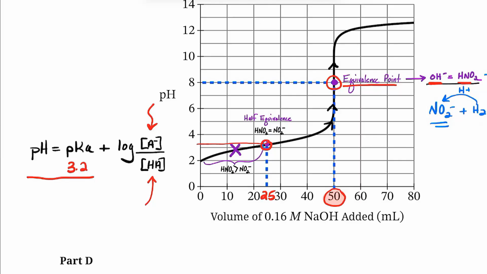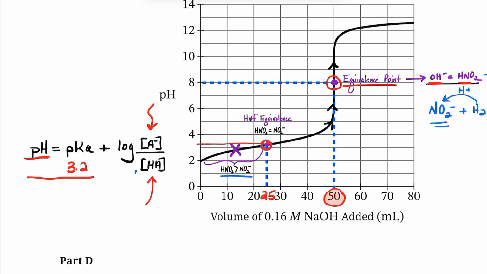But I'm trying to answer the question here: what would the pH be if I have a greater amount of conjugate acid? So they want conjugate acid to be greater than the conjugate base.